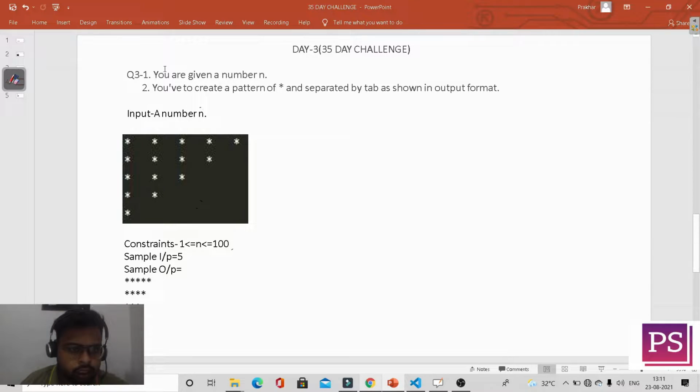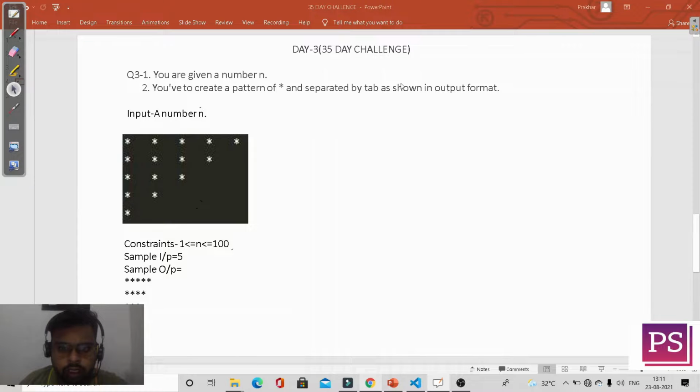Let's read the question. You are given a number n. You have to create a pattern of stars separated by tab as shown in the output format. Input: we have to take an input from the user, and that is n, and we have to print the pattern like this.